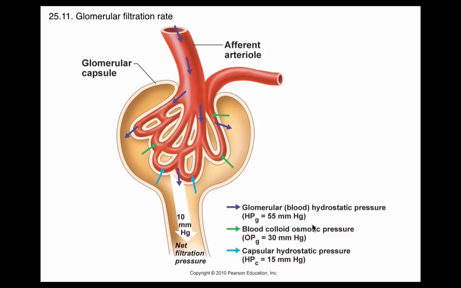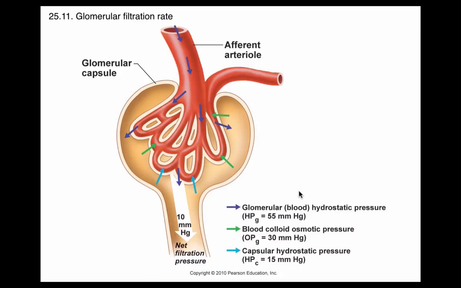The sum of all these is what we call the net filtration pressure, the NFP. So it's fair to say that the hydrostatic pressure in the glomerulus is the main factor that determines the glomerular filtration rate. If GFR is really high, then there are problems, and there are also problems if it's too low.